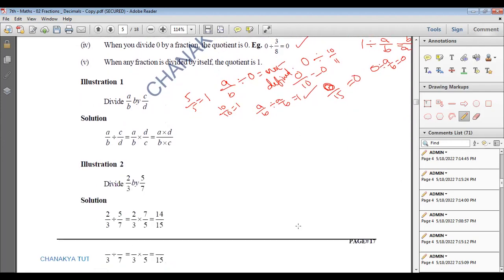These are the simple ones. Why is any fraction divided by 0 not defined? Let me go with the part. Any number, suppose I'm taking 5 divided by 0. This is a whole number. 5 divided by 0, what is the dividend, what is the divisor here? 0, how many times if I'm taking this, what happens here?